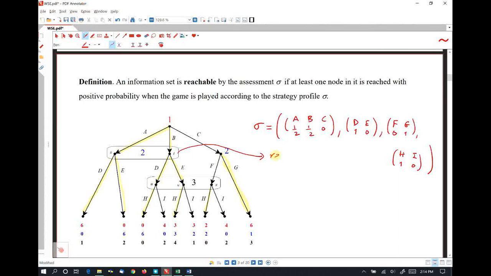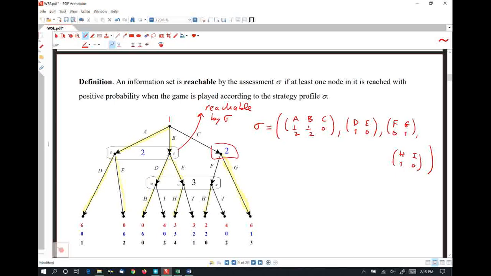This is reachable. Let me write it here. By sigma. So with probability 1, in fact, it is reached because player 1 plays either A or B with probability a half each. So with probability 1 you get there.